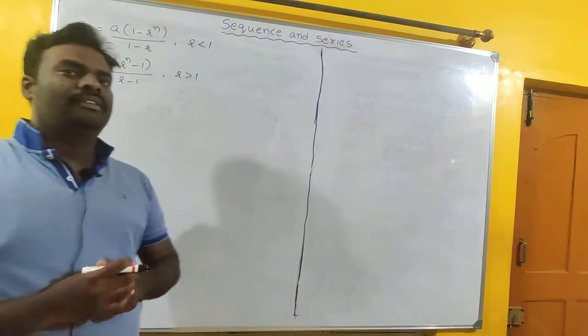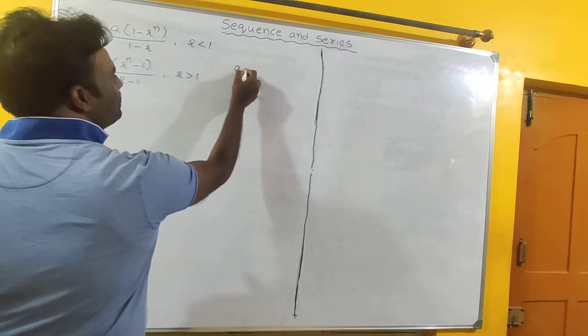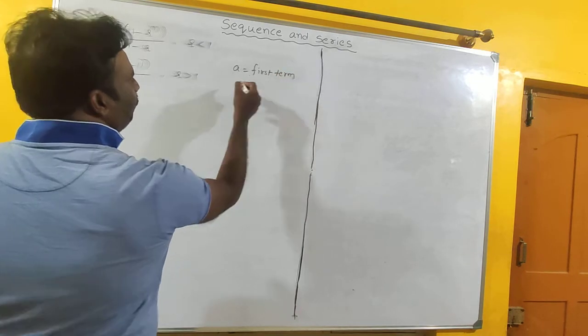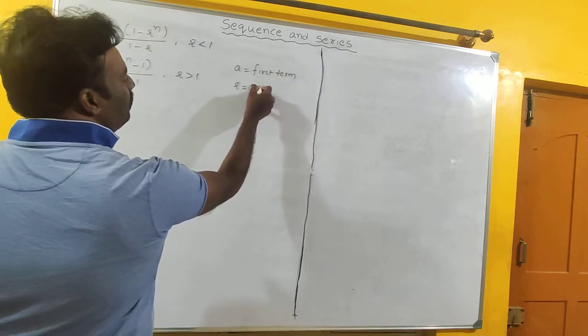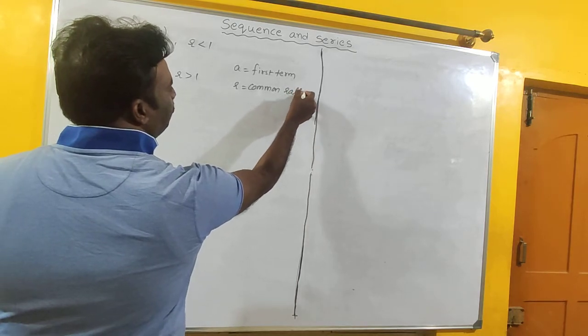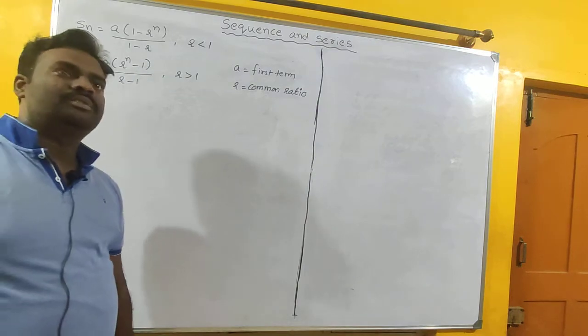This is the formula for the sum of n terms in GP. Here A is called the first term and R is called the common ratio.